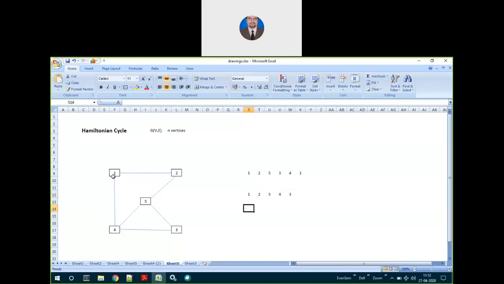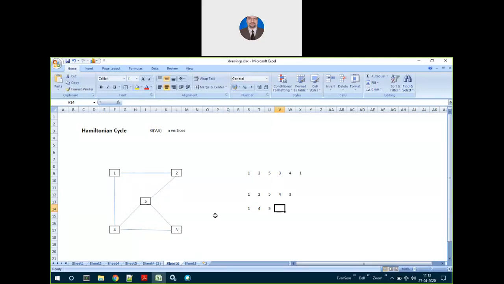Now, from 1, earlier I chose to travel to vertex 2. Since 1 is also connected to 4, from 1 I can go to 4. From 4 there are two paths, one towards 5, the other towards 3. Suppose from 4 I go to 5, then from 5 there are two options, I can go to 3 or I can go to 2.